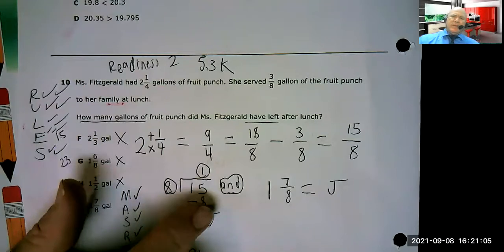So that's how I would solve a problem that has a combination, a Texas mixed combo, of a whole number and a fraction, and then having to subtract what you take away, a proper fraction, once the denominators are the same, and then do what I call the clock method.